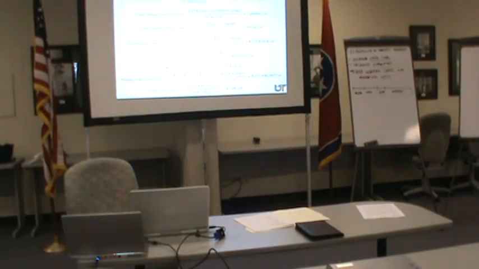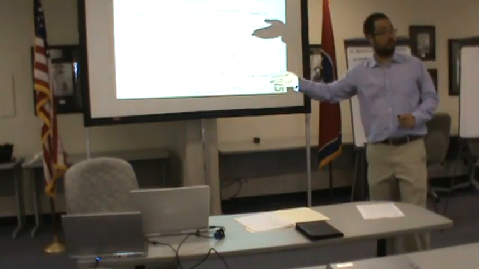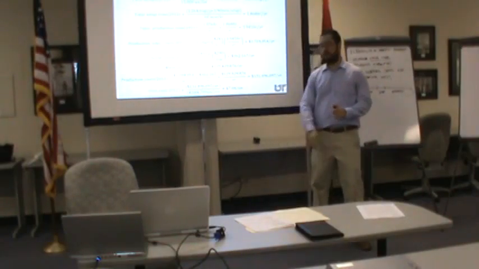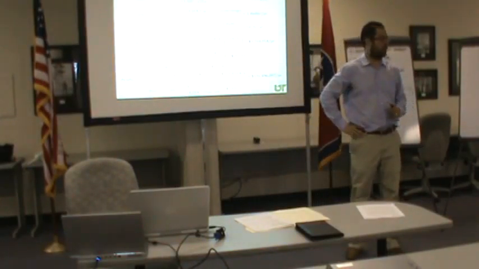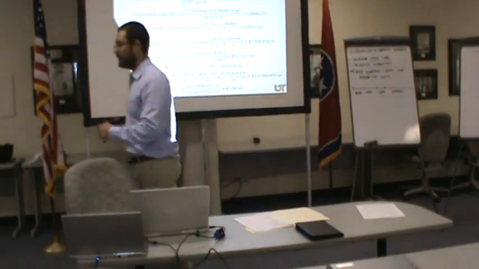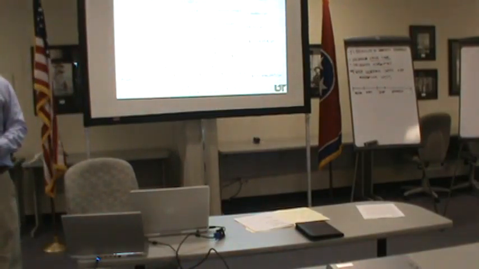So the cost per unit is just the total production cost divided by the total number of units produced in 2012. So we get 7.04 per unit. Okay? So that is the cost of each unit, to produce one unit.